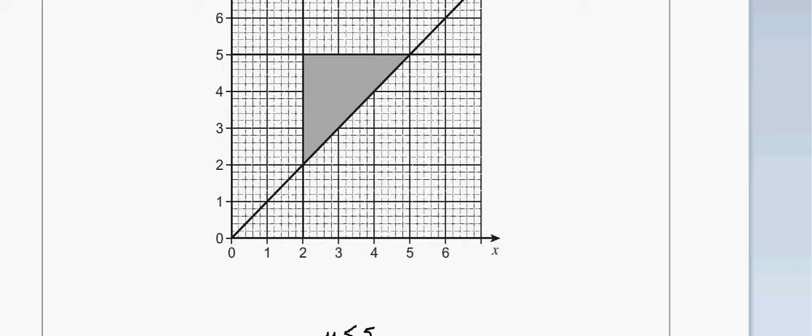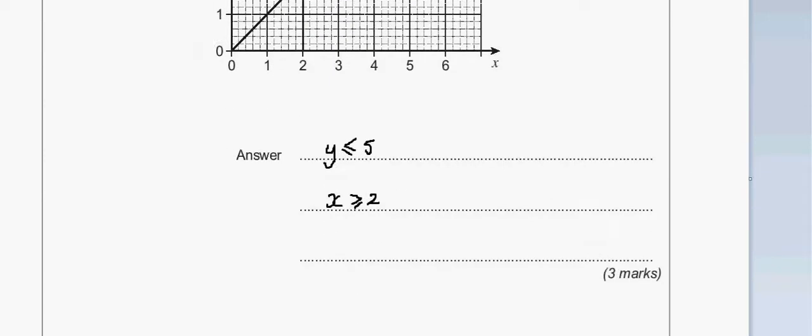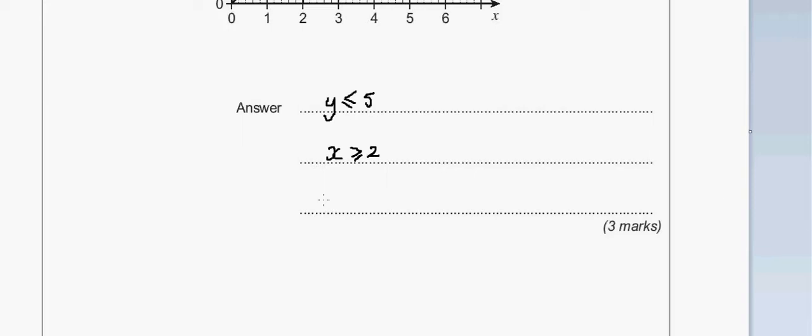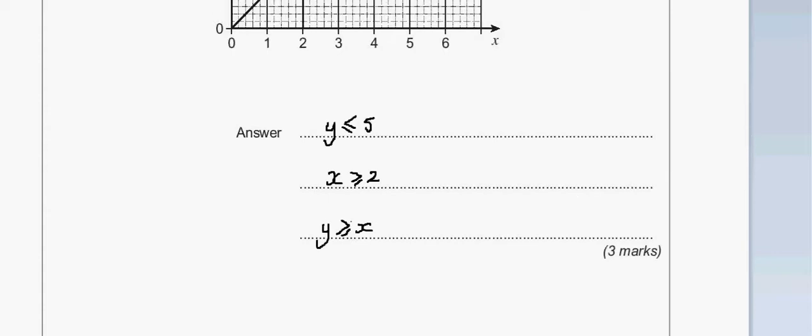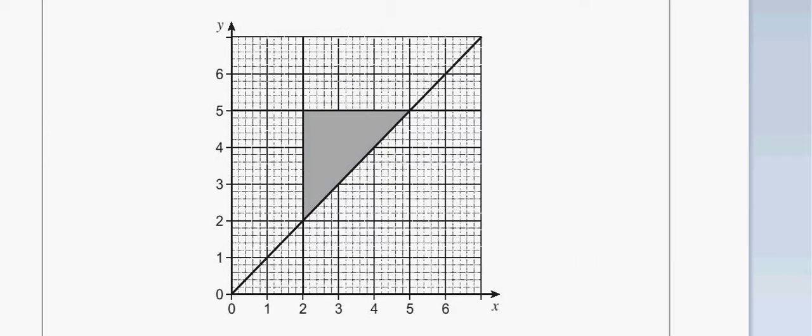If you've got a sloped line, y and x will be in the equation. But the shaded area is above y equals x, so it's greater than. So I can say that y is greater than or equal to x. Okay, so it's a very simple question.